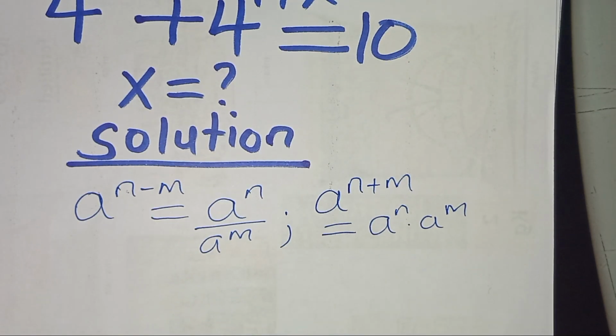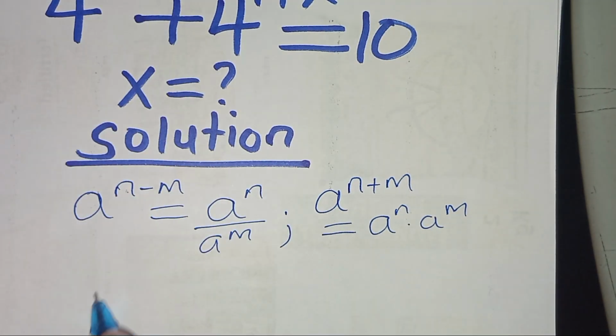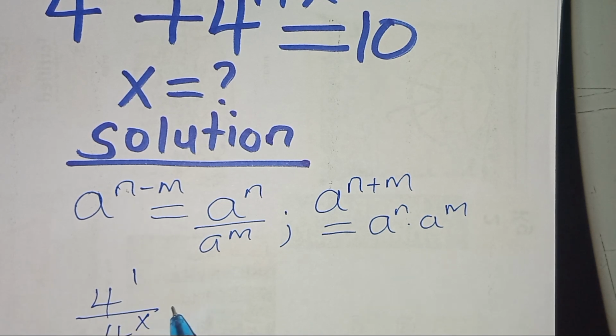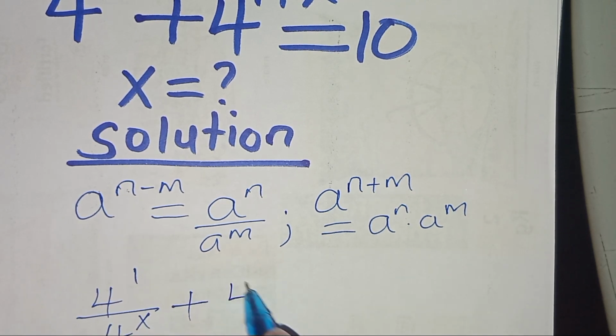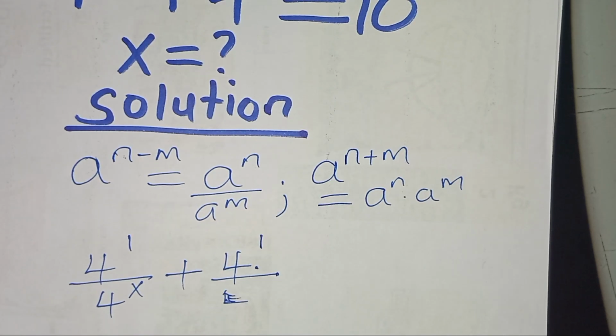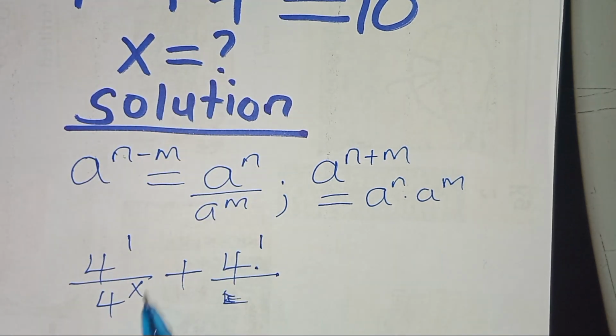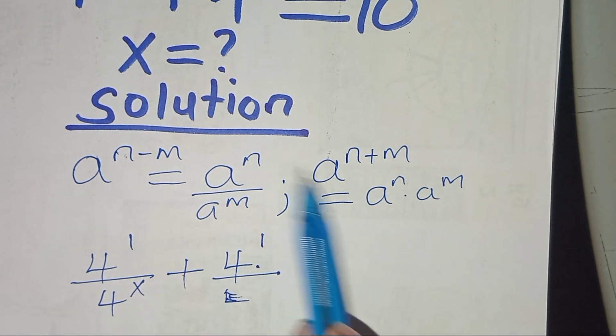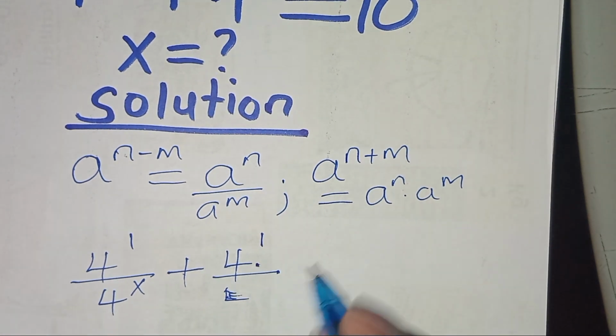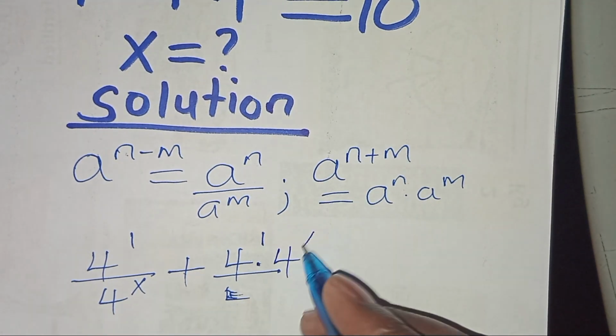So applying these two exponent properties, we'll have the first part as 4 to power 1 divided by 4 to power x, plus, now the second part is 4 raised to power 1 multiplied by 4 to power x.